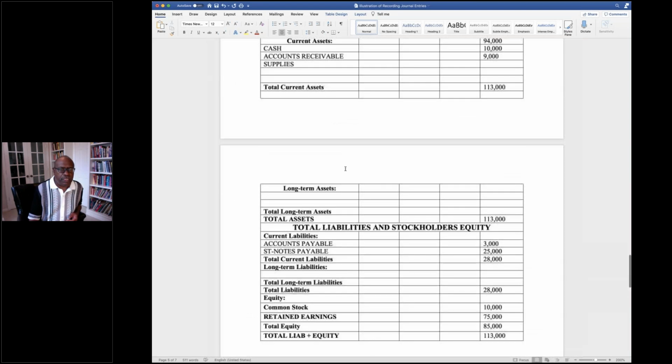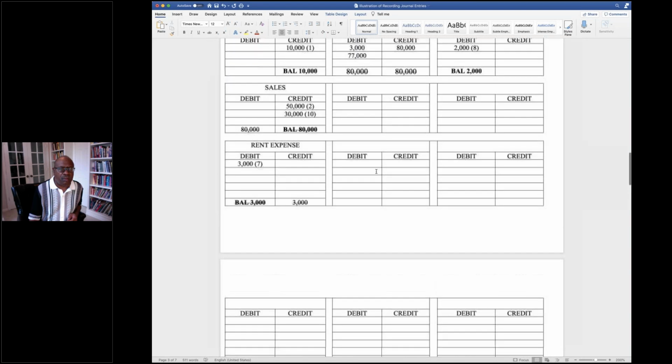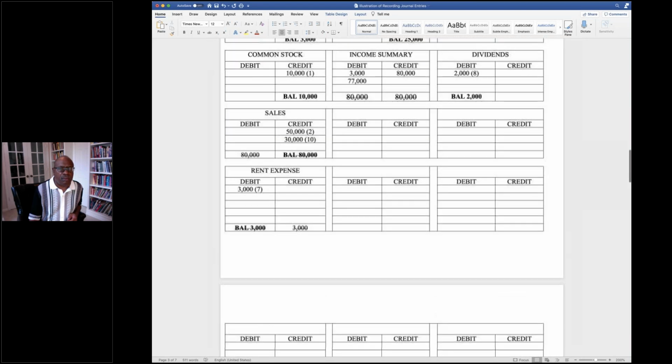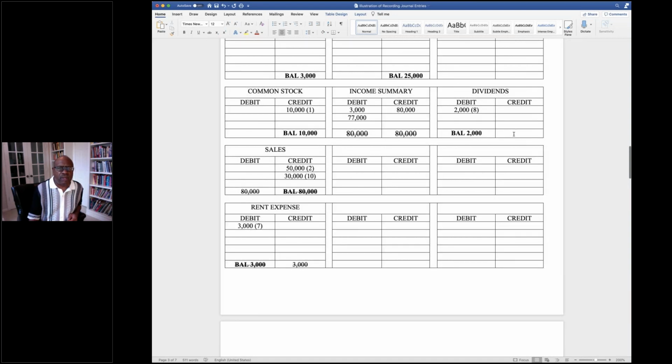Then we're going to post this to the T account. So we then come to dividends, and we credit dividends for $2,000. Dividend is now closed out. So it will begin the next year new.